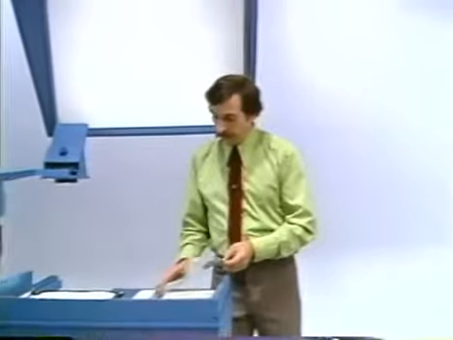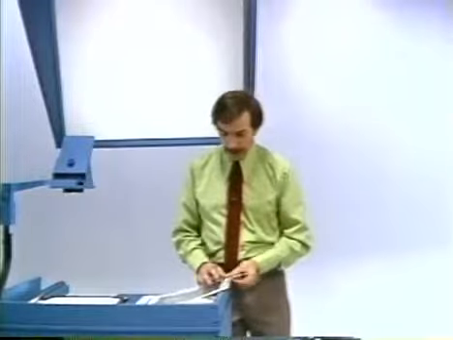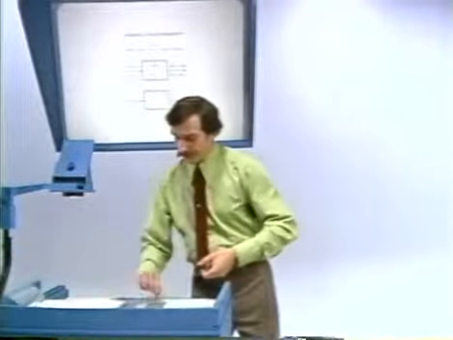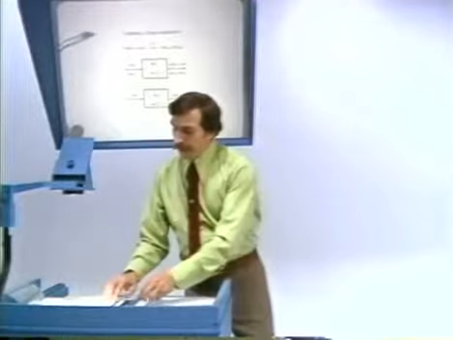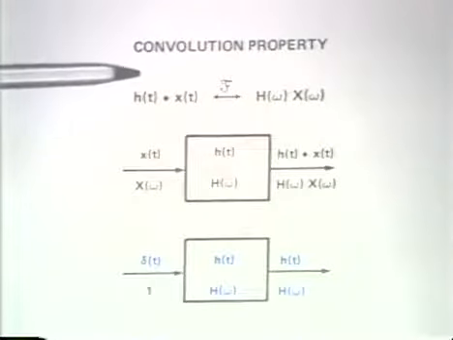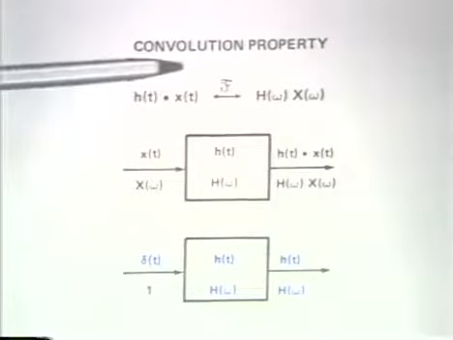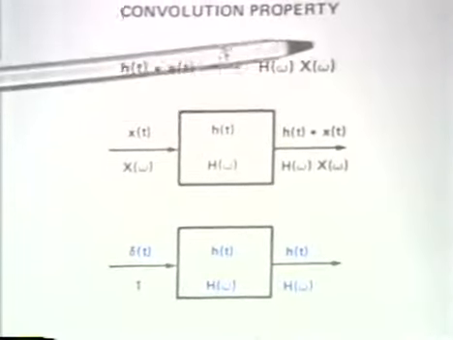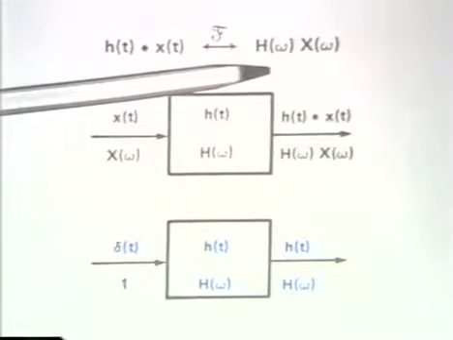What the convolution property tells us is that the Fourier transform of the convolution of two time functions is the product of their Fourier transforms.